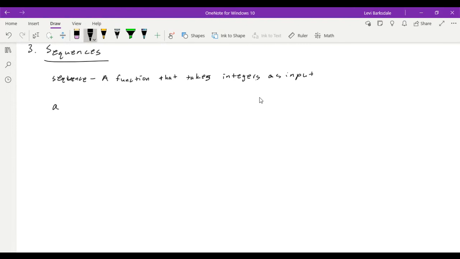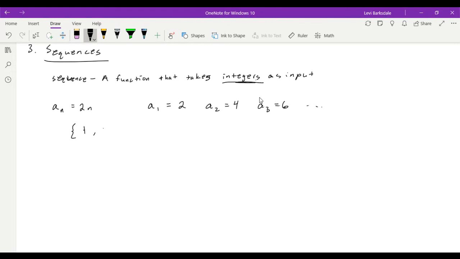So, for example, we could have a sequence a sub n is equal to 2n. Well, then it would give out a1 is equal to 2, a2 is equal to 4, a3 is 6, and so on. But basically, the only thing we're allowed to put in it is integers.